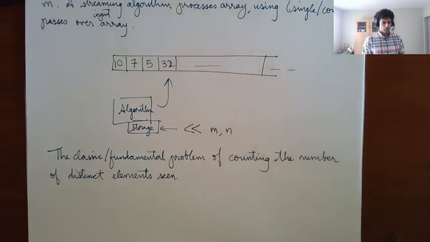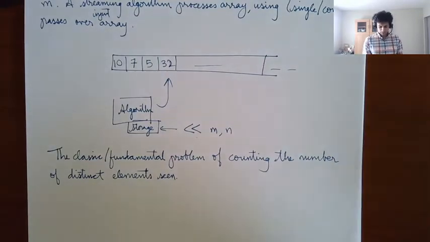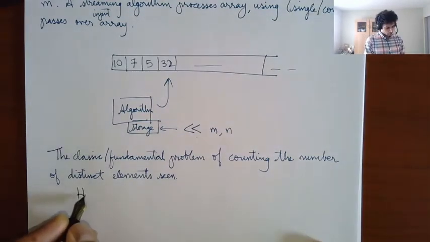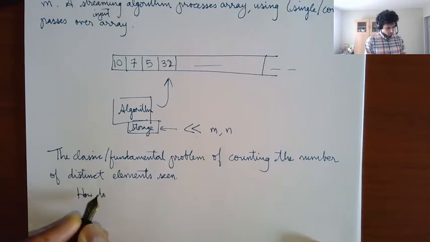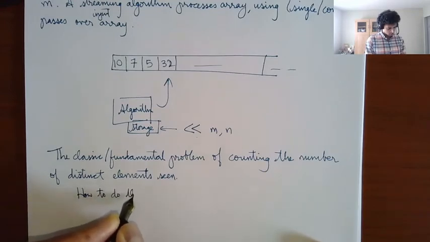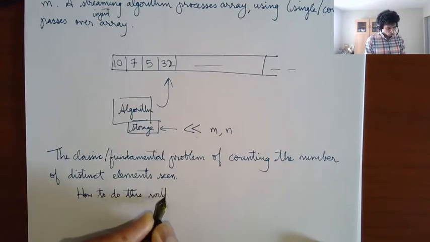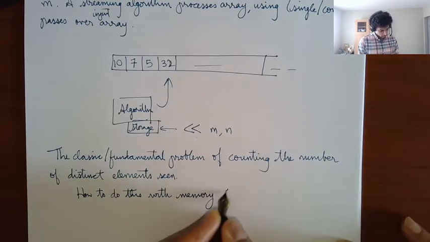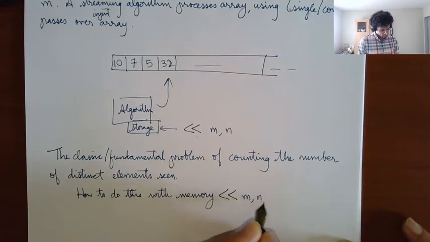Any questions about the question? Right, so it's a really simple problem. Obviously, if you could store the entire array, then it's easy. You would just build a hash table or any dictionary data structure. And the question is how to do this with memory much smaller than m or n.